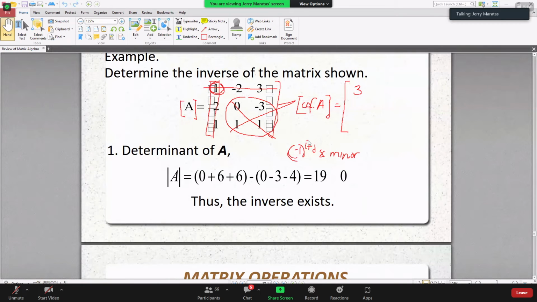You multiply that by either -1 or +1. It depends on the location of your element. So kanis siya, first row, first column. So 1 plus 1 is even number, and you raise that from -1, so the result is positive, no? So ang result karon is +3. Pareho ra gyud siya sa minor yapon, no? Okay. Next.